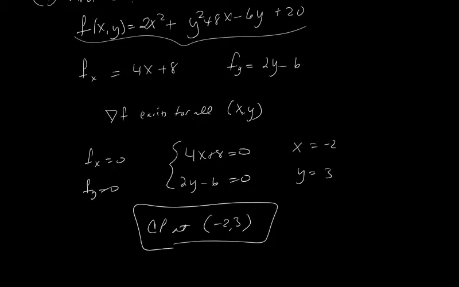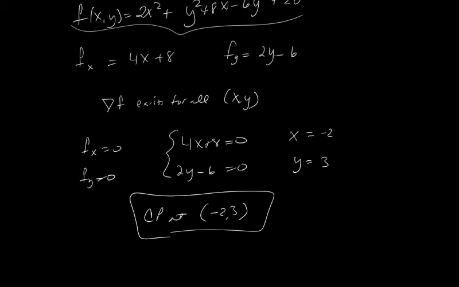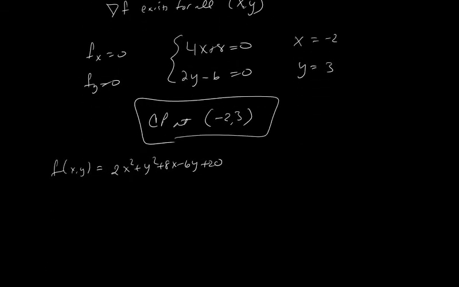Okay, to complete the square here, I'm going to rewrite the function so I have it to work with: 2x squared plus y squared plus 8x minus 6y plus 20. We want to group the x terms. So 2x squared plus 8x plus something, plus y squared minus 6y plus something to complete the square, plus 20. And we need to figure out what we can fill in.